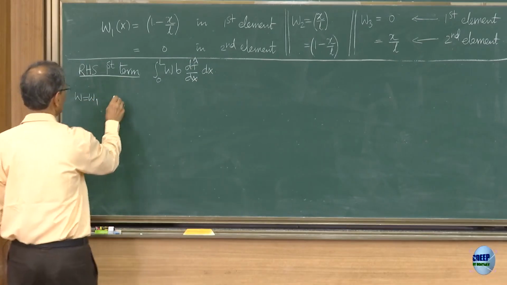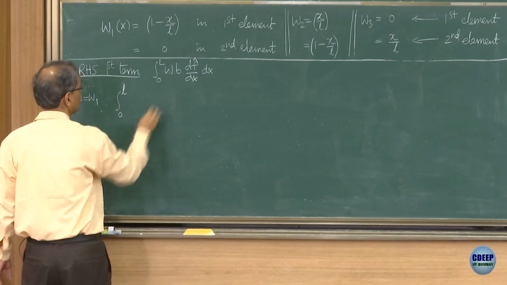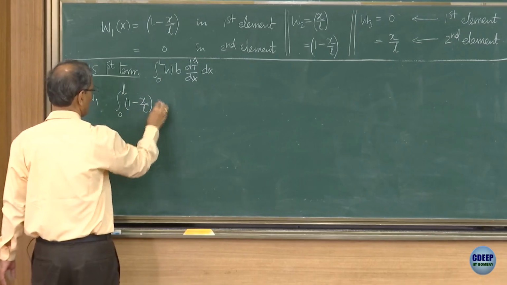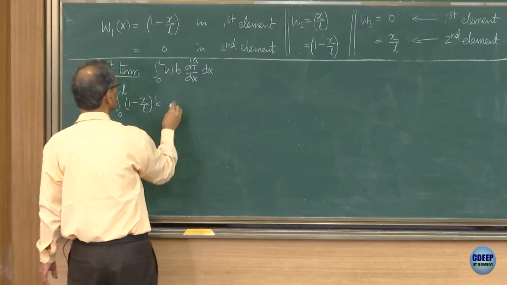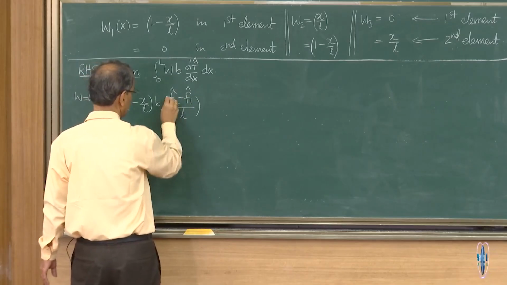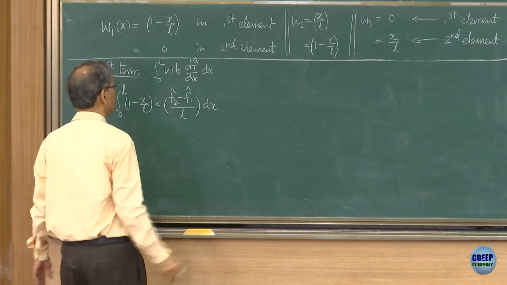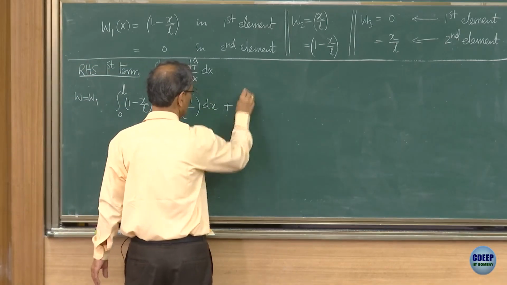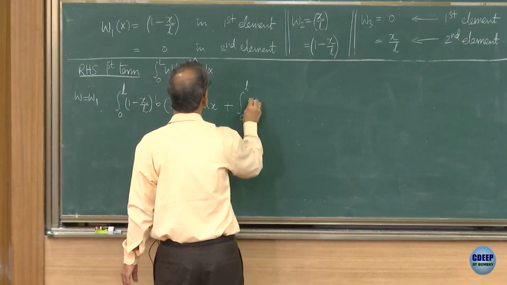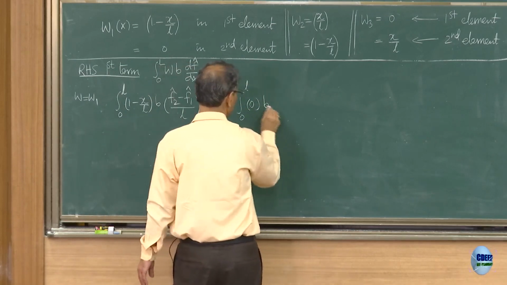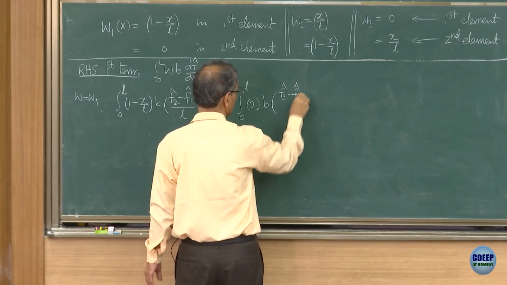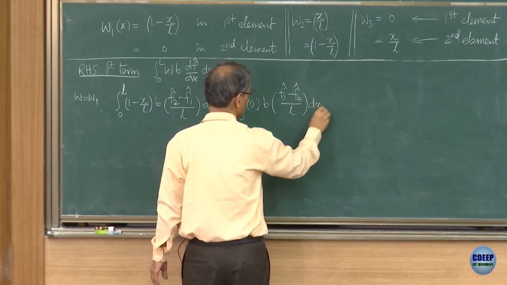This would be integral 0 to L, W1 in the first element is 1 minus x by L, B times df hat by dx in the first element is (f2 hat minus f1 hat) by L dx, plus integral 0 to L, W1 in the second element is 0, B (f3 hat minus f2 hat) by L dx.